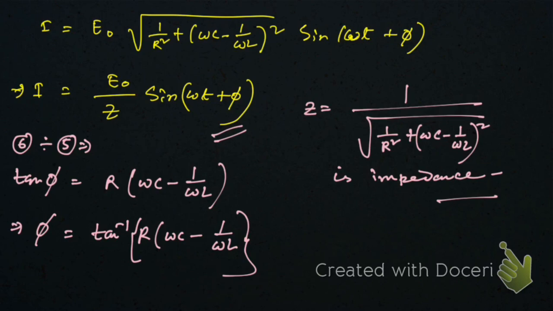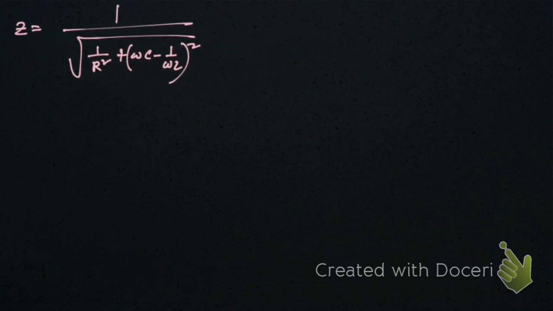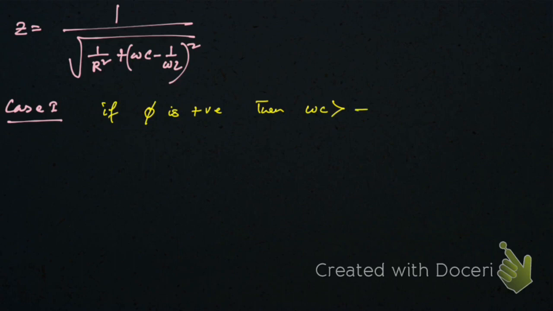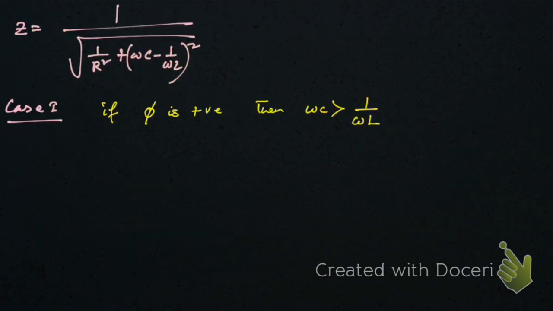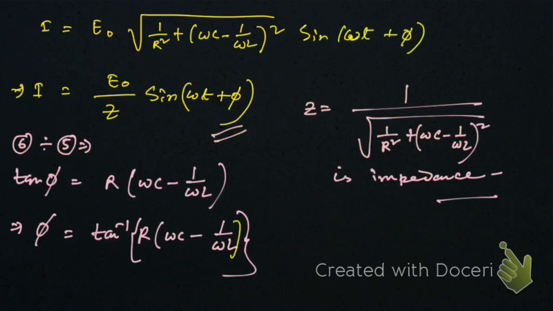Let me copy this, and we will get 3 cases here. Case 1, if phi is positive, then it will be positive when omega C is greater than 1 by omega L. When omega C is greater than 1 by omega L, then the value of phi will be positive from this expression.